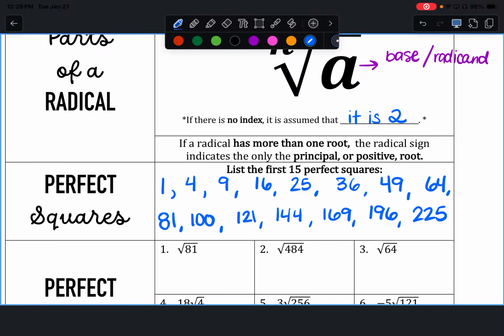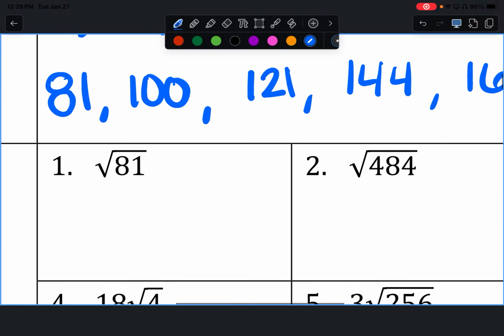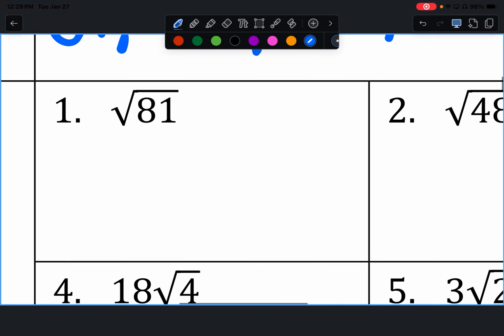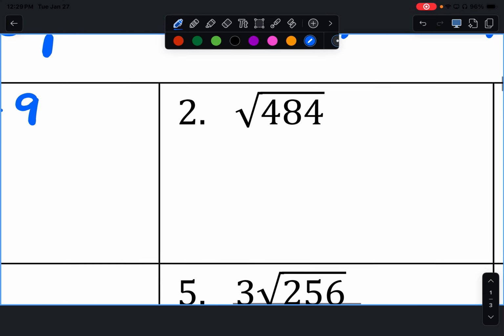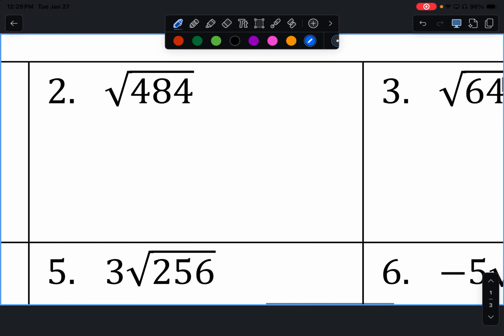So if we look at number 1, what is the square root of 81? 9. Now, what is the square root of 484? Okay, to take the square root on either type of calculator, you do second x squared. So what is the square root of 484? 22.